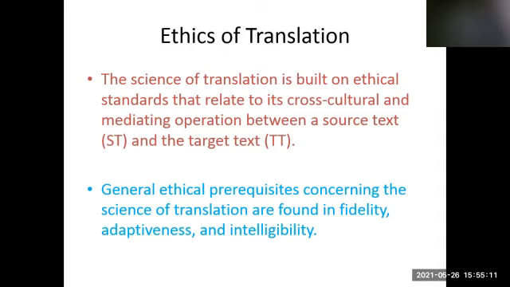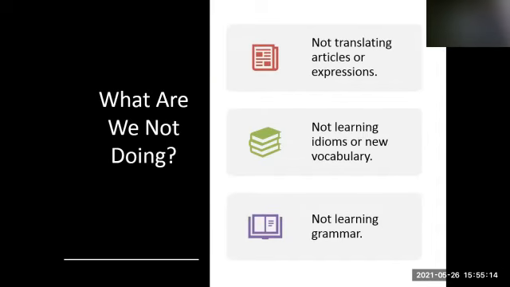So in order to understand these concepts, we are going to do a lot of things in the course. But let me tell you about what we are not doing in this course. In this course, we are not translating articles or paragraphs or expressions.